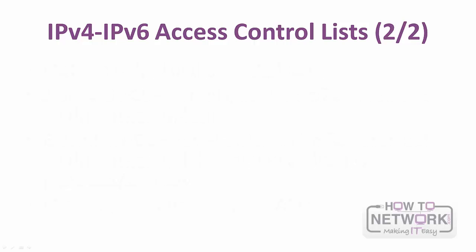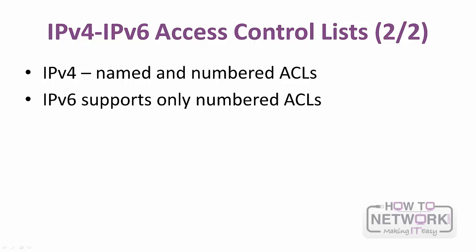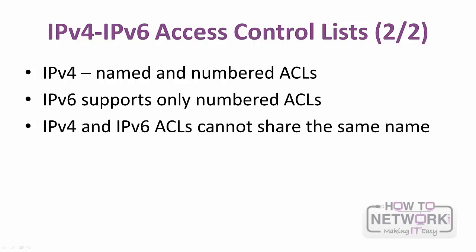Another notable difference between IPv4 and IPv6 ACLs is the use of numbered access lists. IPv4 supports both named and numbered ACLs. IPv6 ACLs can only be defined by a unique name and do not support the use of numbered lists. An IPv4 ACL and an IPv6 ACL cannot share the same name.